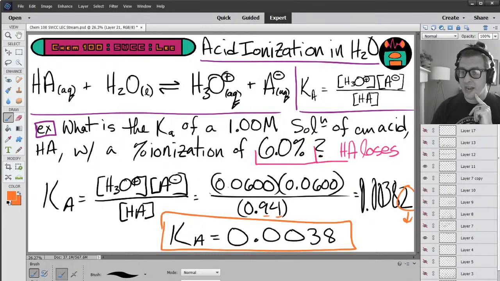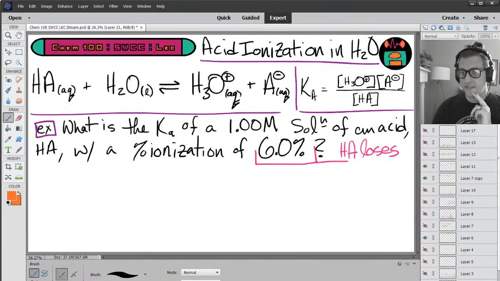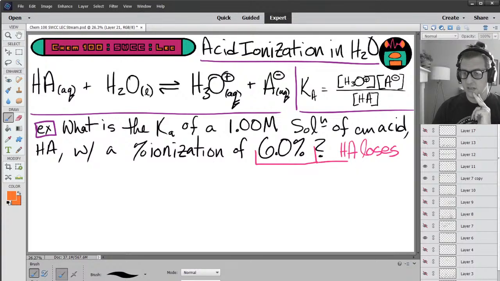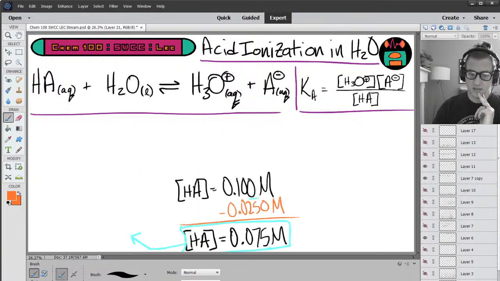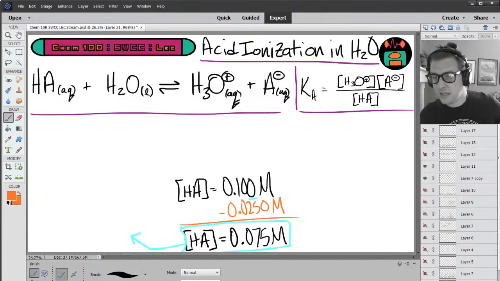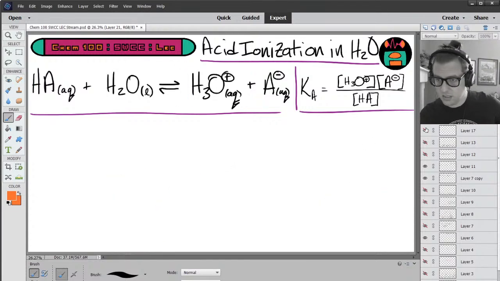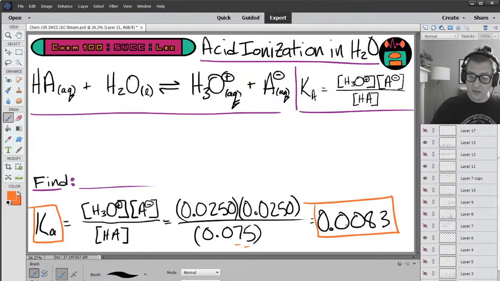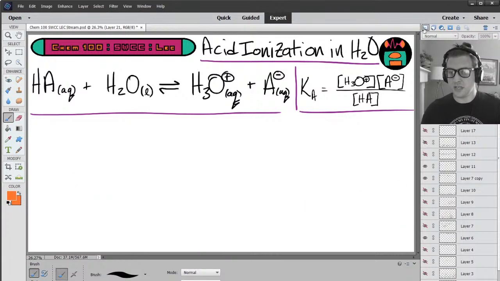One of the things that I want to point out is if you flash back and look at our previous problem, we actually have a larger value for the percent ionization in the previous example. Sorry, let's just throw this on a new slide.